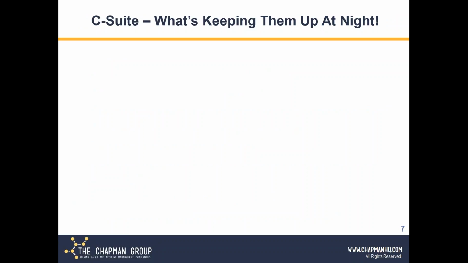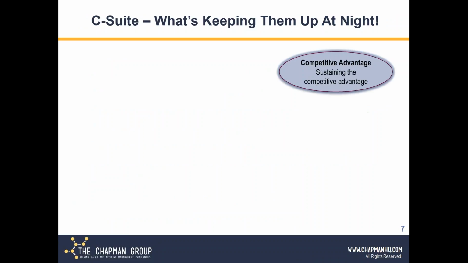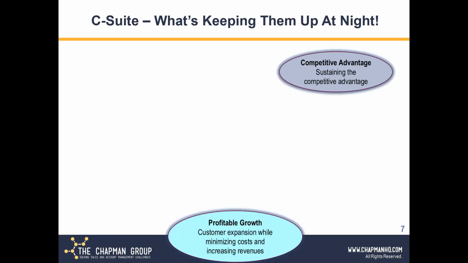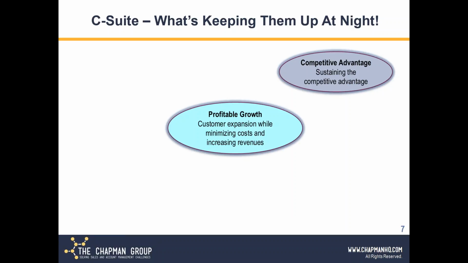Now, very simply, but very precisely, what's keeping the C-suite up at night? And as I go through these, this is probably the first segue to say these are probably points of importance that I should be gaining or having intelligence on or feedback, so I can speak to this when I do get to the C-suite. Definitely thinking about their competitive advantage or sustaining it on an ongoing basis.